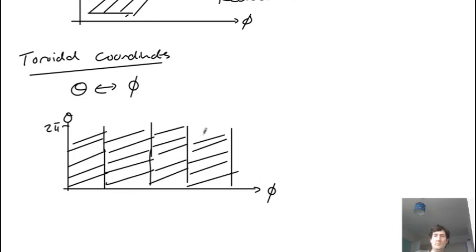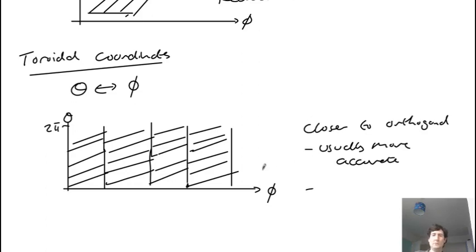So we have a set of grid points near the edge of the plasma. This doesn't necessarily have a singularity, although most coordinate systems that you write down for this would. But what it does mean is that these angles are much closer to 90 degrees, and so there's much better separation. So it's usually more accurate.